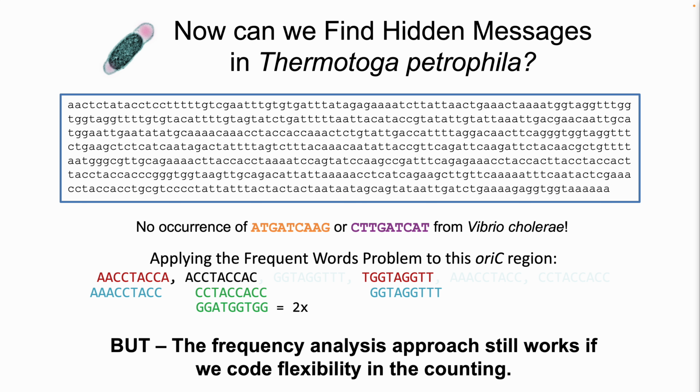So even in this new genome, we could use a similar frequency-based approach to find our hidden messages. We just have to code in some flexibility in how we count. We need to be able to count the reverse complements, and we need to allow it to be off by 1 base pair, or the way we're going to frame it, to have a mismatch.